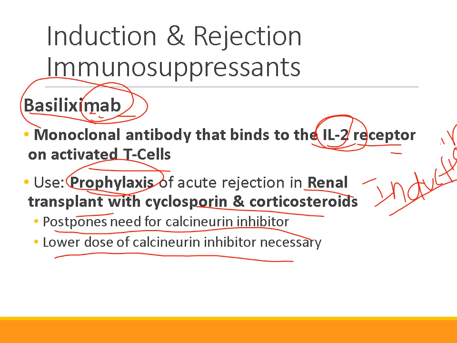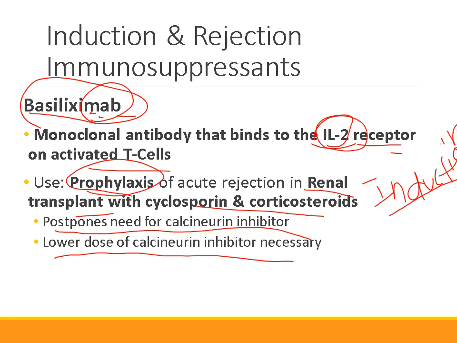Typically the patient's going to need to be on a calcineurin inhibitor. But again, the calcineurin inhibitor causes renal toxicity. So if you've just given the patient new kidneys, you don't want to be giving them a drug that is cleared by the kidneys or can cause some kidney damage until the new kidneys are settled in, if you will, they're working appropriately, etc.